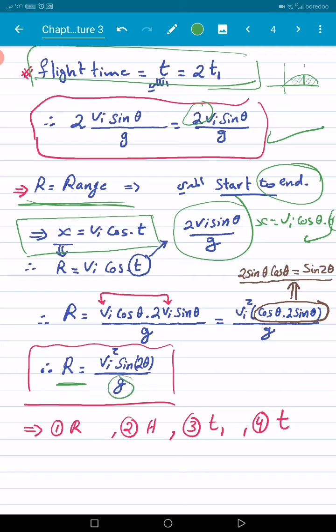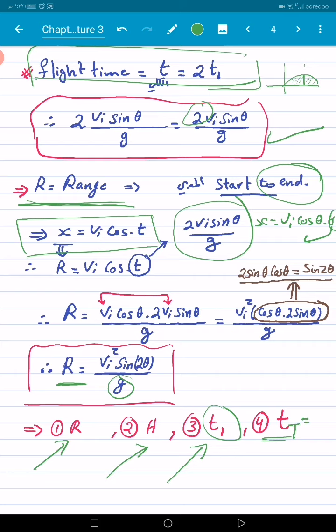So in the symmetric case there are four important variables: the range, how you can find the range; the maximum height, how you can find the maximum height; the time t1, the flight time to reach the maximum, or from the maximum to the ground, either one; and number 4 is the total time, which is adding the time to reach the maximum and the time from the maximum to the ground, so it's 2t.